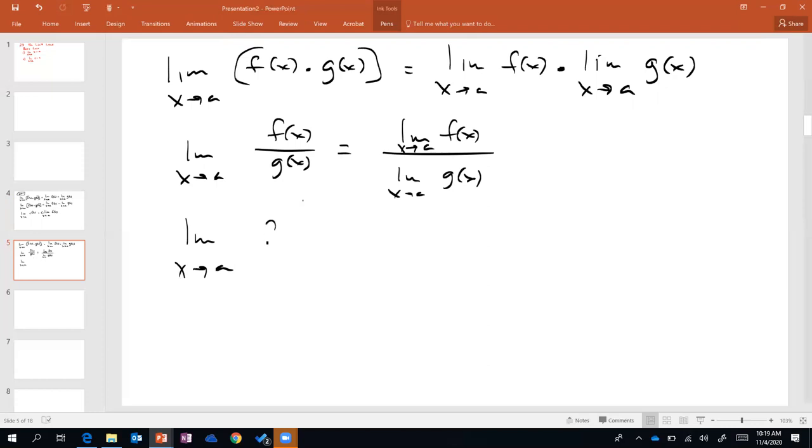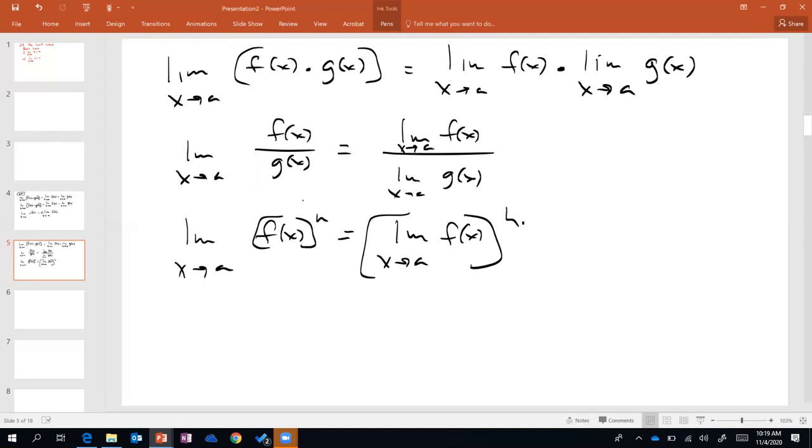Power rule says if I have a power that's being put on my function, I can take the limit of the function first, and then take the power of it. And then the same thing happens with roots. I have the nth root.